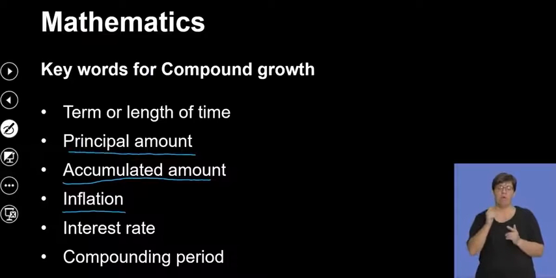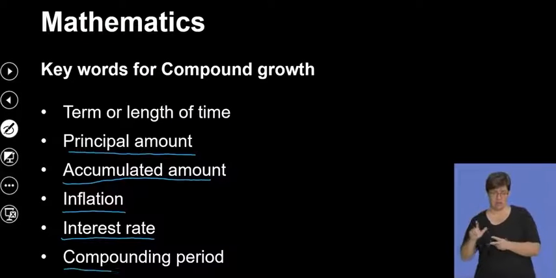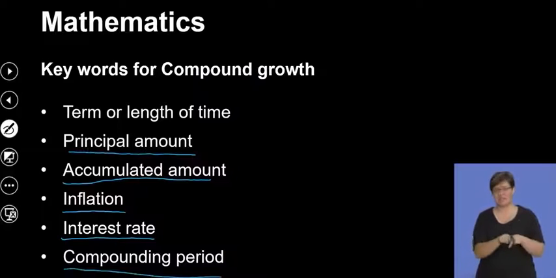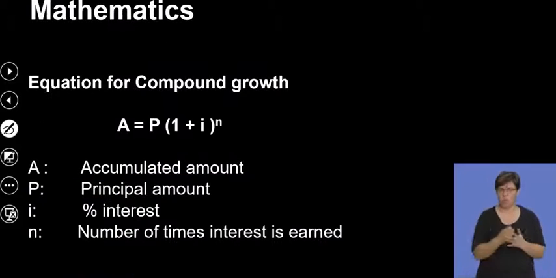It is all because of inflation. We also looked at the concept of interest rate, when we're talking about nominal and effective interest rate. Then lastly, we looked at the compounding period, which means how often do you get your interest.